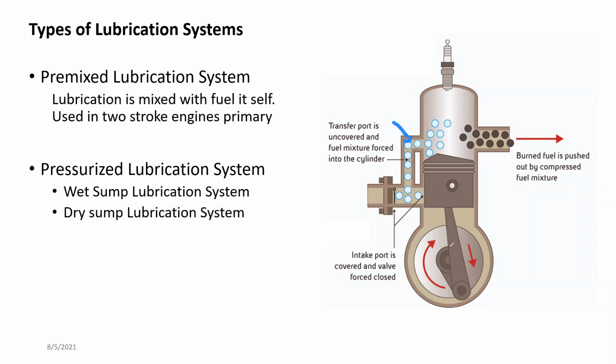When there's only one cylinder, there's no point of having an advanced or pressurized oil system just to lubricate this part over here, or the piston and the other components, especially in the two-stroke engine where you don't have valves. But in a four-stroke engine there are valves operating, and the valve system needs lubrication. So in such a case, the high-pressure lubrication system is being used.